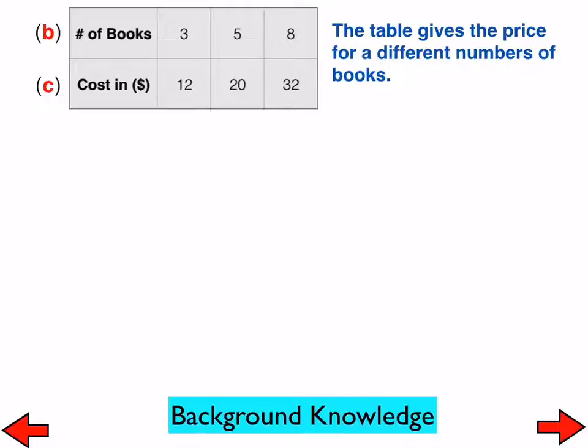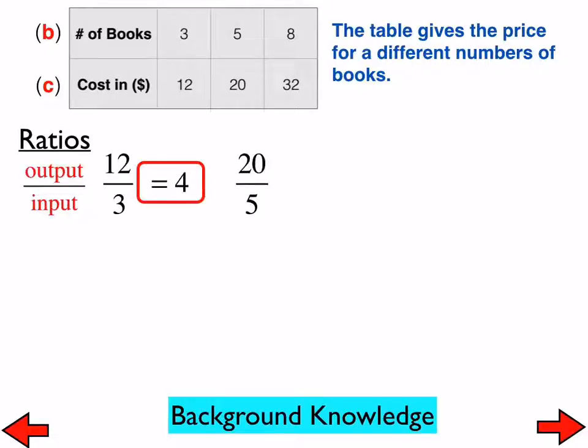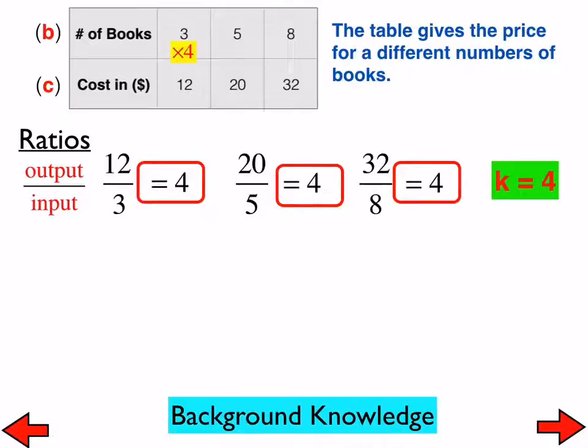We know in full detail, if we are given a table, how to find lots of pieces of information from that, like if the situation is a proportional relationship, which we can find, remember, by comparing the ratios of the output over the input, or the input over the output, but output over the input is the better one because in most cases that is our constant of proportionality or our constant multiplier.